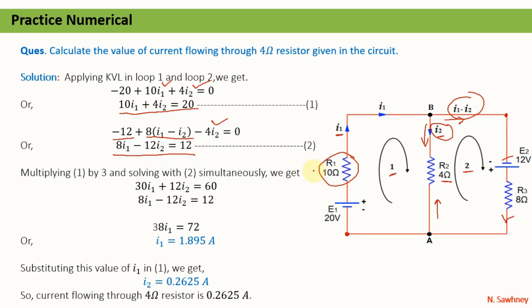Now we have to solve these two equations 1 and 2 simultaneously. Looking carefully, it is 10 times I1 plus 4 times I2, and here I need 12 I2 in order to simplify it simultaneously. So I am multiplying equation number 1 by 3.